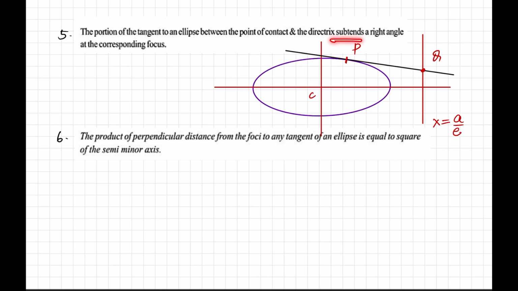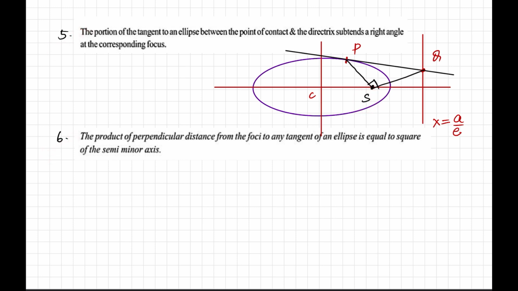This subtends a right angle at the corresponding focus. मतलब for this directrix, the corresponding focus would lie somewhere here. So if we join points P and Q to this focus, this angle will be equal to 90 degrees. So it says PQ is subtending an angle of 90 degrees at the corresponding focus. So this is the property number 5.